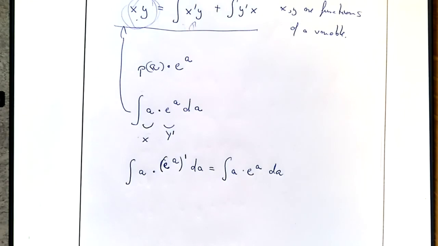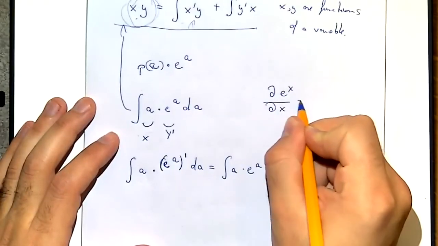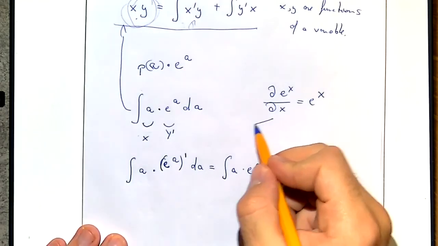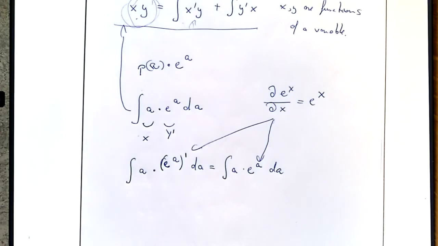When you take a derivative of the exponential, it's the same thing. The derivative of e to the x dx is e to the x. That's what I'm using here. So these two are the same thing. Cool.